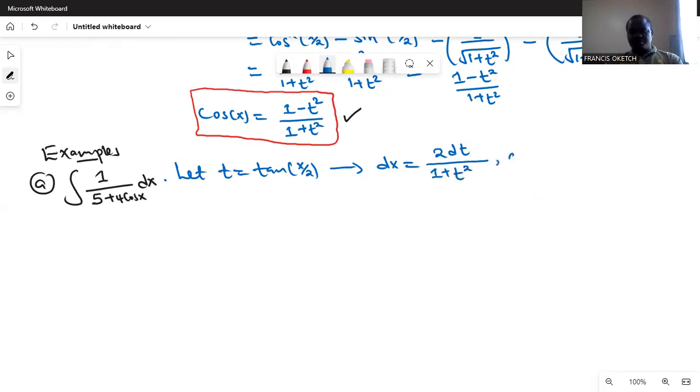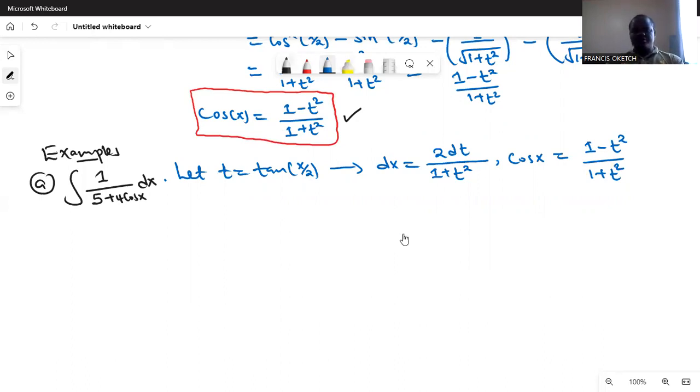We have also shown that cos x will give us 1 minus t squared over 1 plus t squared. So when you make those substitutions, let's see the denominator.